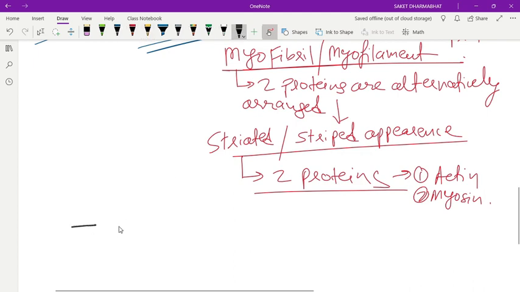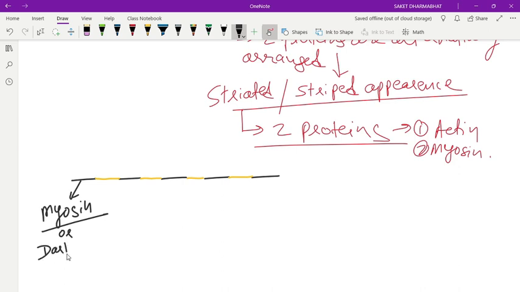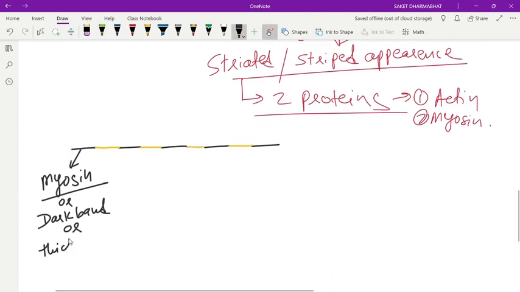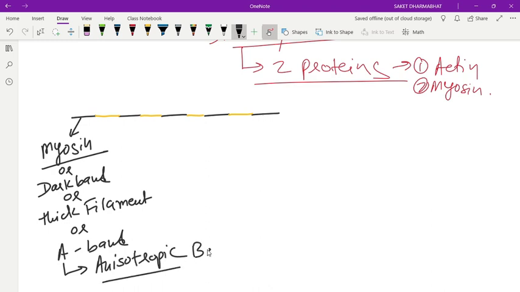Myosin forms the dark band, or we can call it the thick filament, or the A band, the anisotropic band.